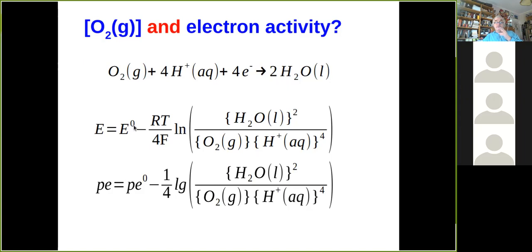But E equals E naught minus RT upon the number of electrons. Here it's 4. So the number of electrons should be 4 times the logarithm of the reaction quotient, the right-hand side divided by the left-hand side, and the concentrations if it's solutes, and otherwise if it's pure liquids, then sometimes some units occur, but formally one can always use the activity symbol.